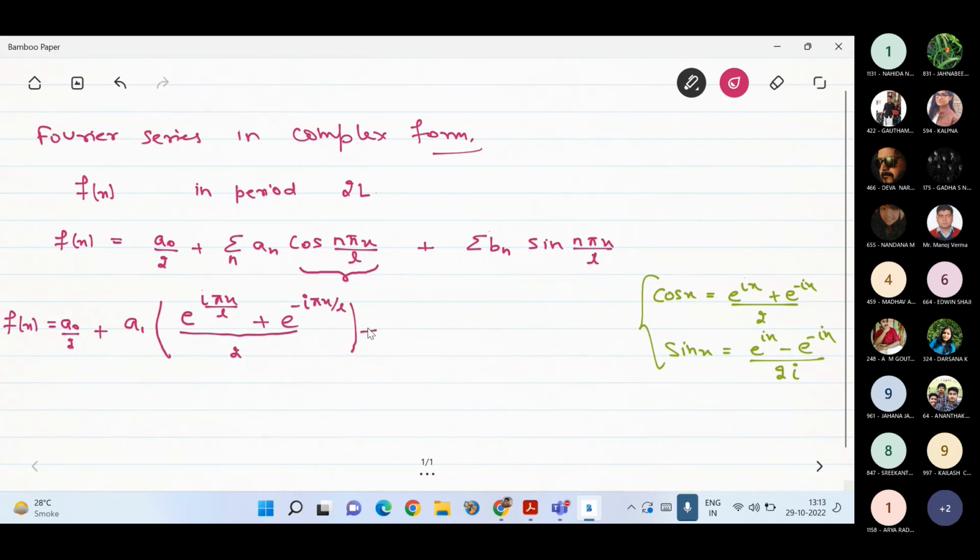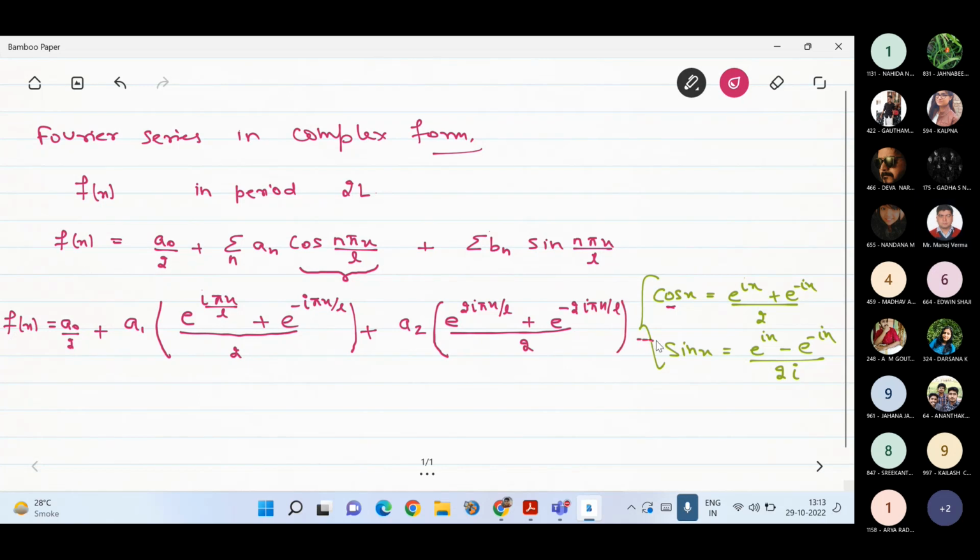Plus a2, the second term, cos 2 pi x by L. So 2 pi x by L is the argument, so I can write e raised to the power 2i pi x by L plus e raised to the power minus 2i pi x by L divided by 2, right?